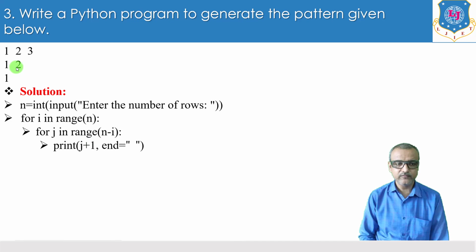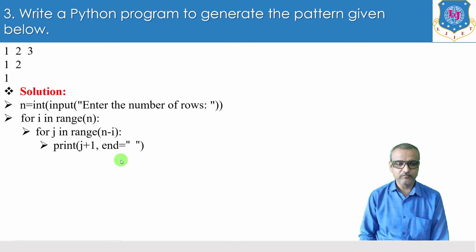So for i equals 1, in the second row 1 and 2 will be printed. Now in the last iteration, the value of i will become 2, the value of n is 3, 3 minus 2 is 1, so the value of j will become 0 only, so it will print 0 plus 1 equals 1 in the last row, or third row.